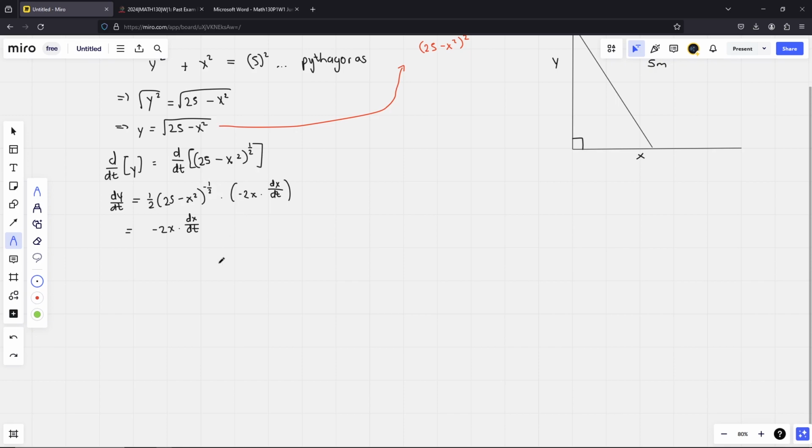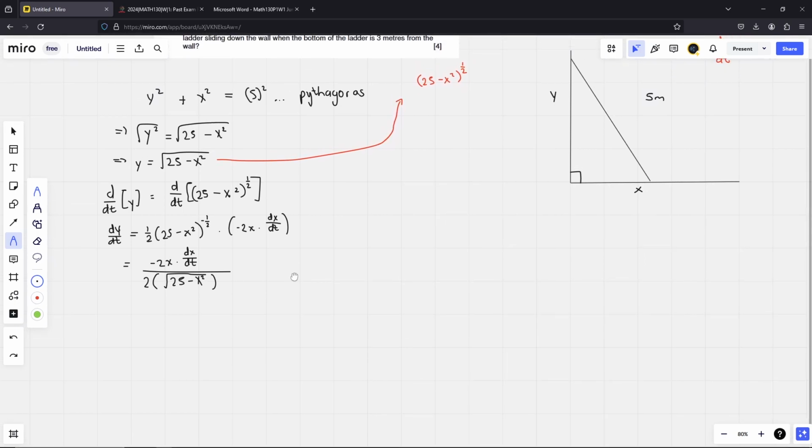So by using exponent laws, I can move that term to the bottom. So I'm going to have all over 2 into 25 minus x squared, and you take the root of that by using power over root again and negative exponents.